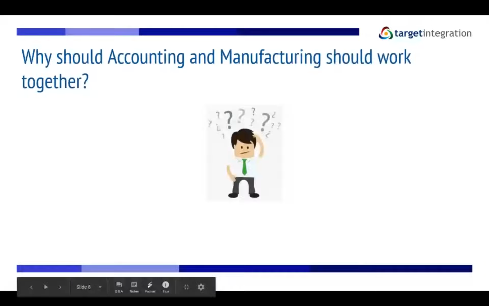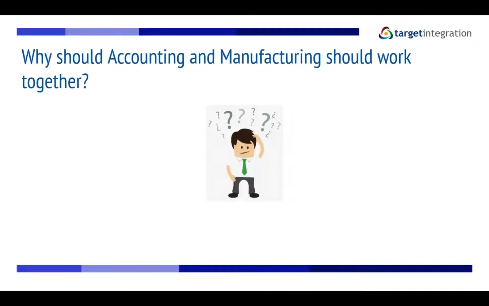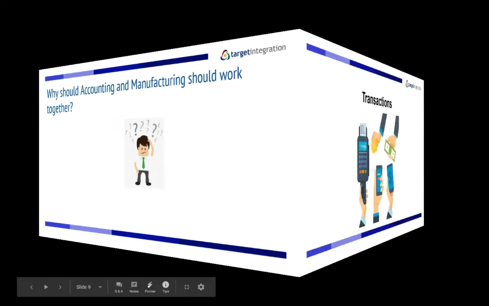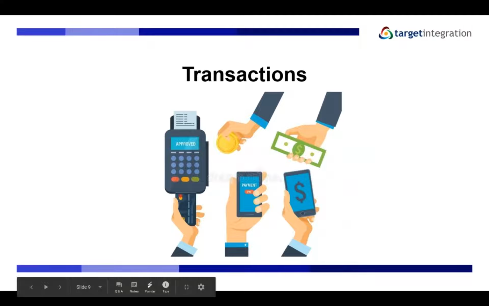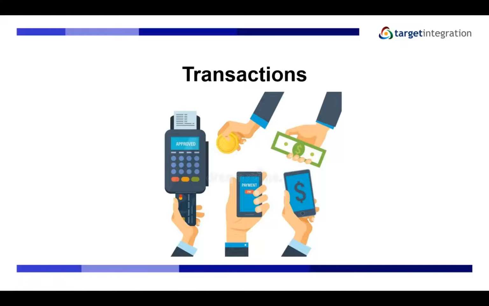So why should accounting and manufacturing work together? When they work together, you are ready to start tracking your valuable business information, such as your transactions. You can also call them your expenses and revenue within a given period. It includes your purchases, sales, repayments, and loans.